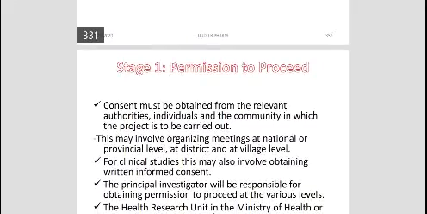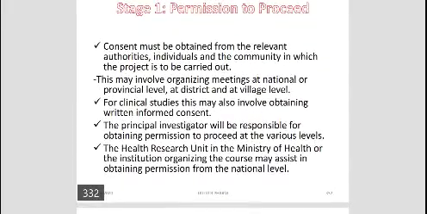Let's see stage 1, permission to proceed. Consent must be obtained from relevant authorities, individuals and the community in which the project is to be carried out. We discussed this earlier, in lesson 15 and lesson 16. This may involve organizing meetings at national or provincial level, at district and at village level.